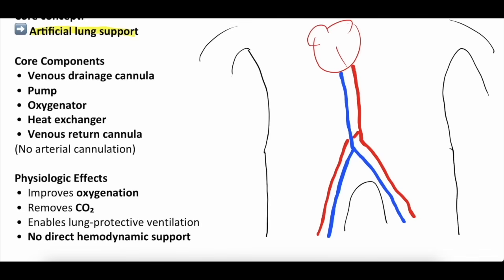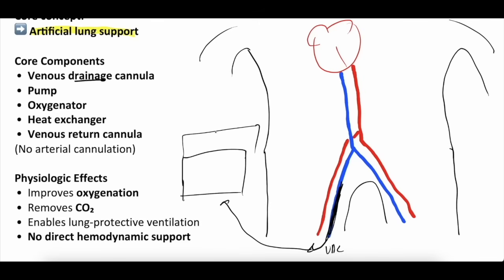Okay, so in VV-ECMO, we got a couple different components. We have a venous drainage cannula, drainage being that cannula sits in this vein and it drains blood out. And that blood then goes through a pump, okay? And that pump also has an oxygenator that puts oxygen in and pulls carbon dioxide out using the sweep of the gas.